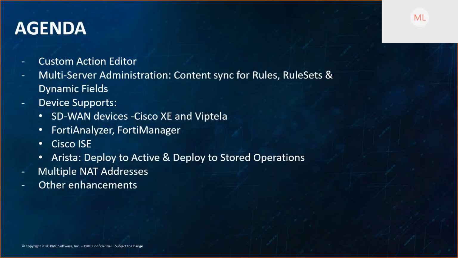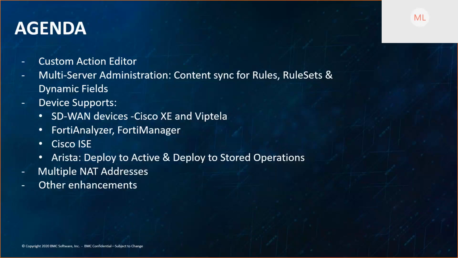The next is device support. As the latest and greatest devices become available in the market, the objective is to make sure that TSNA supports all of them. So a couple of devices were either enhanced or new device support was added for them. The next one is Multi-NAT addresses.